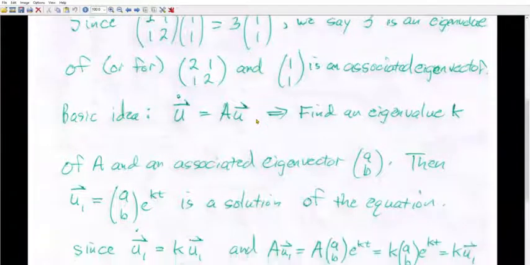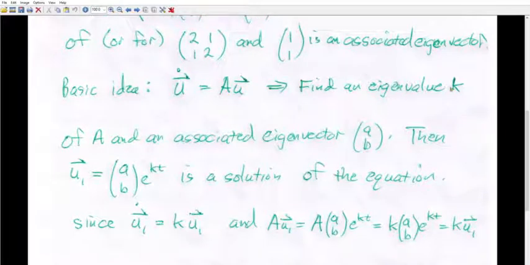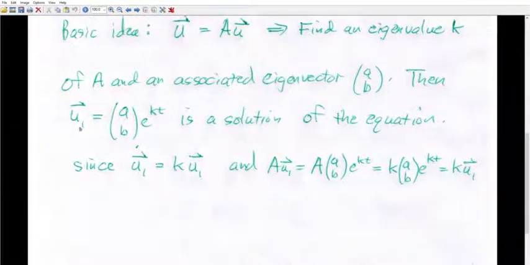Now the basic idea we're going to be using here is if you've got an equation u dot equals Au, we want to find an eigenvalue k of A and an associated eigenvector (a, b). Then u1 is going to be (a, b) e to the kt, which is a solution of the equation since u1 dot will be (a, b) e to the kt times k, which is k u1.